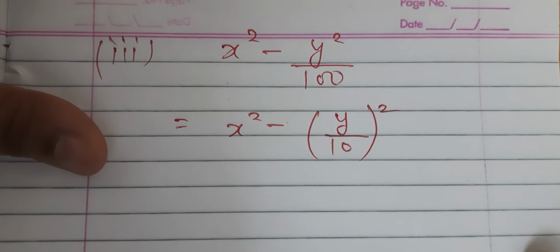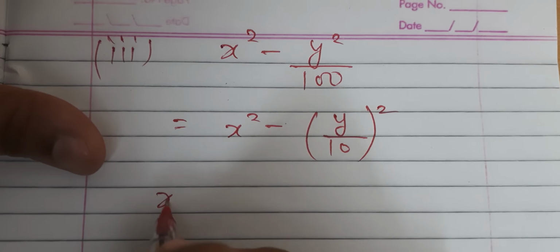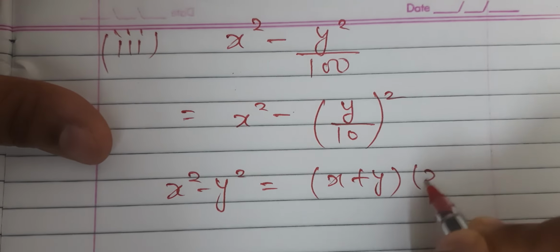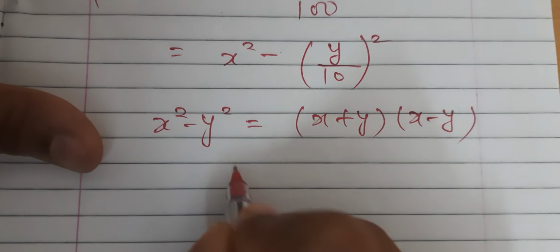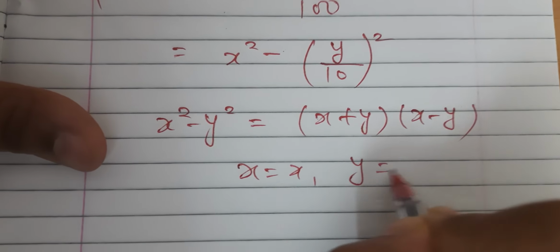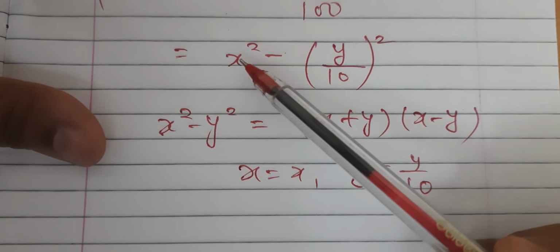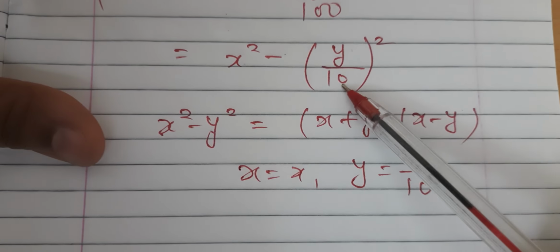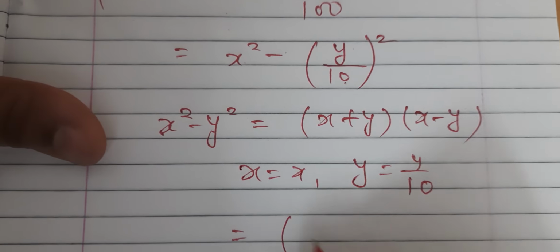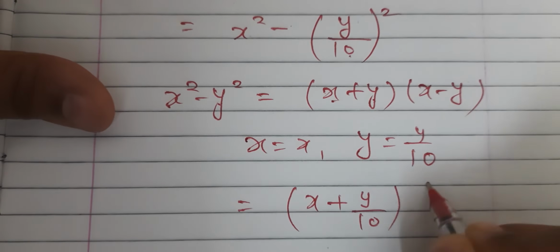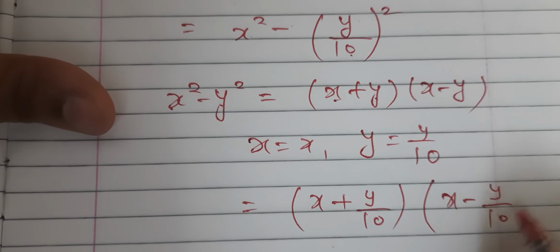This is directly the third identity. x square minus y square equals to x plus y and x minus y. Here x is x and y is y by 10. So we will get x plus y by 10 and x minus y by 10.